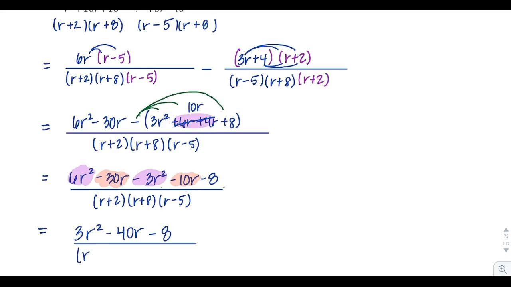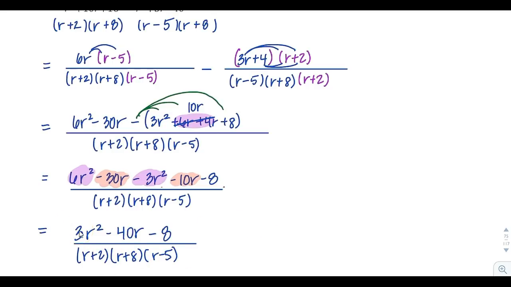And then over that same denominator, it can get tedious, but we do have to keep writing all three parts of that denominator. And now, yep, we do have to try to factor this remaining trinomial because one of those factors might cancel with one of the three factors on the bottom.